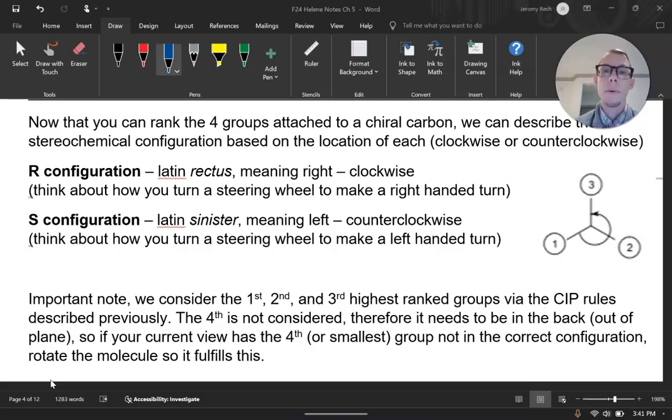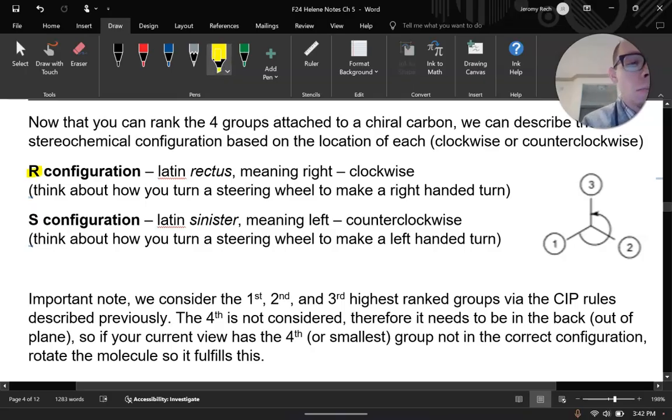And if you remember all the way back from our very first episode, R and S are our descriptors of a stereochemistry at a very specific chiral center. R is a shorthand of the word rectus, meaning right-handed or a clockwise rotation.